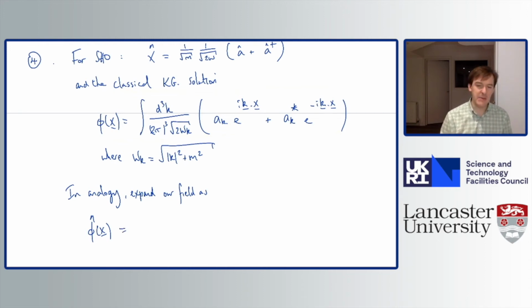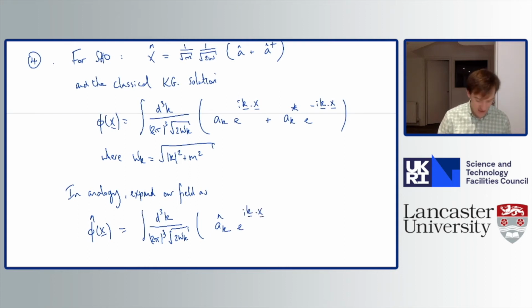We'll come back to the time dependence in a second. We're going to use the same normalization factors. And the difference is that we're now expanding this solution in terms of creation and annihilation operators. So we're actually going to have these being operators. We have an annihilation operator for the kth mode plus a creation operator.